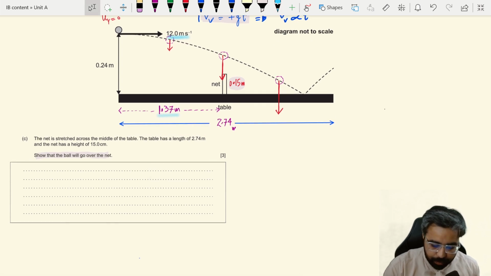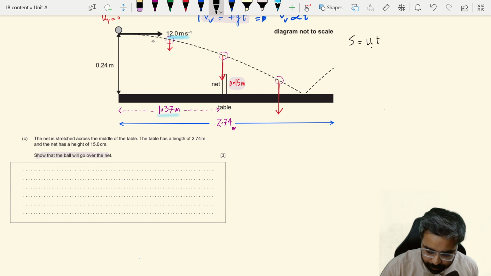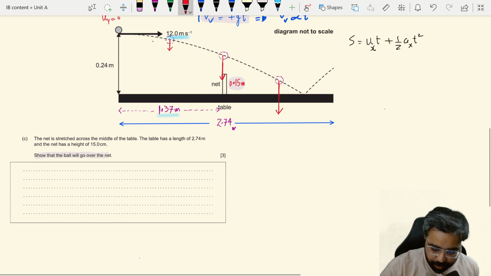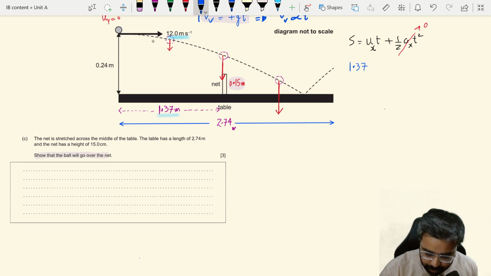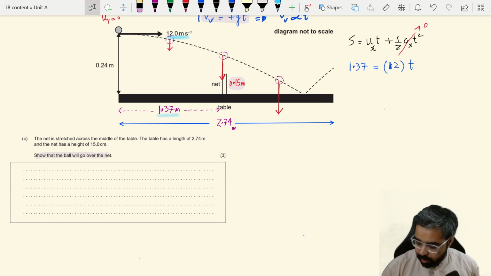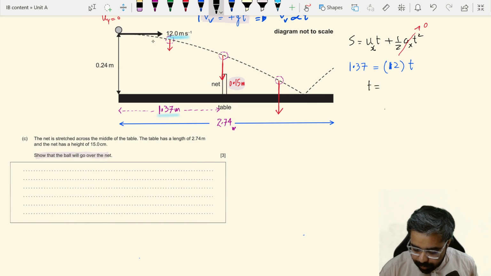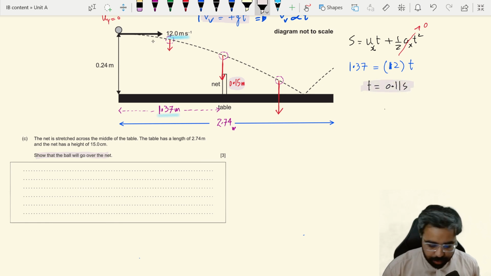So you can apply suvat again, which equation now, but for the x component. So s is equal to ut, so uxt plus 1 over 2 axt squared, right? You know that acceleration along the x-axis is 0, and what is the displacement covered? That is 1.37 meters is equal to 12 meters per second into the time. So the time that I have calculated is 0.11 seconds up to two significant figures.